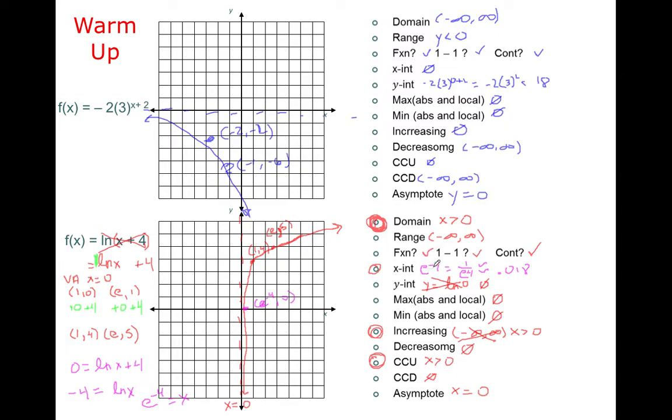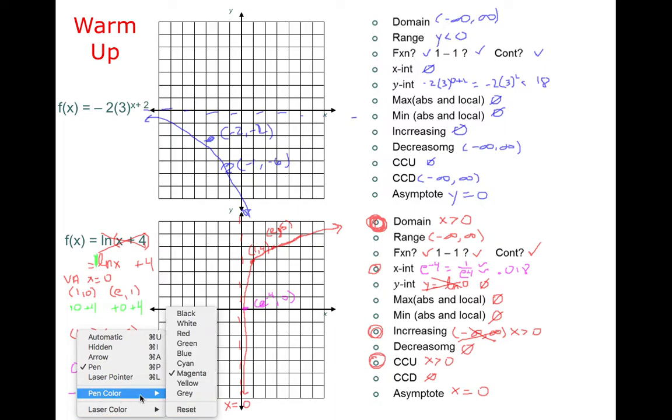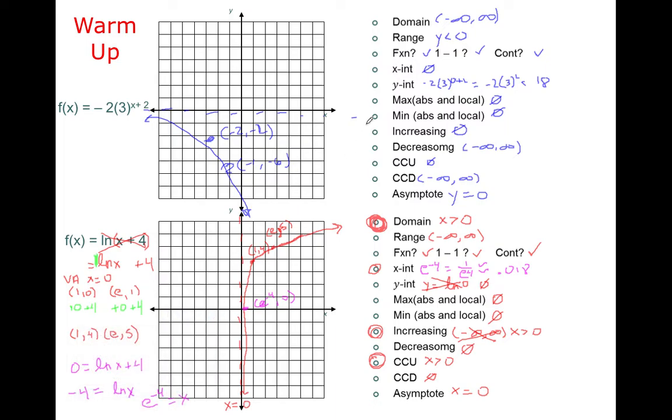Again, let me repeat. For these graphs, let's say I was not asked for a characteristic list. I was only asked to graph. For these transformations, you do not have to graph and label the x and y intercept.